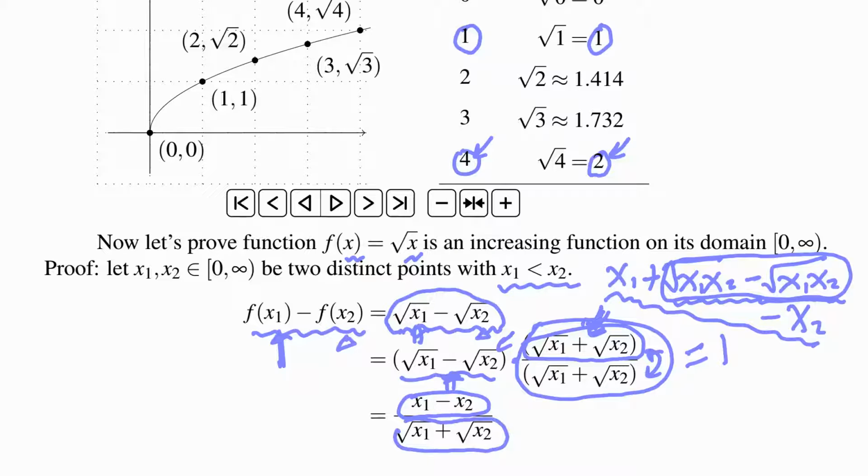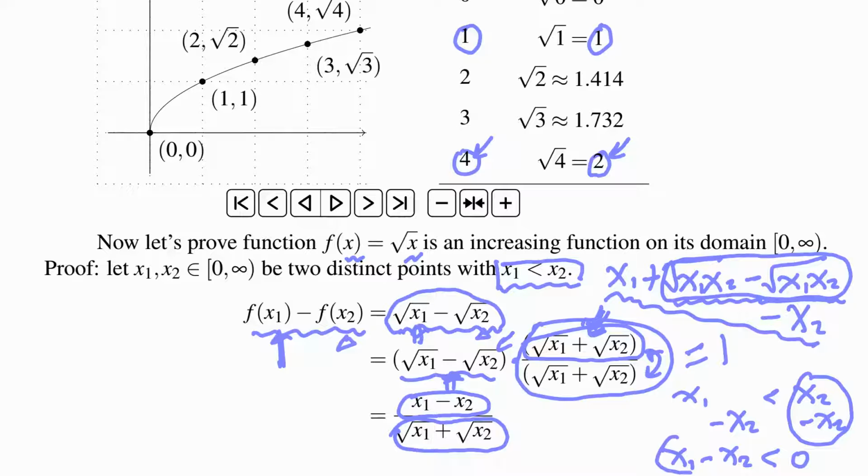Then you assumed x1 is less than x2. So subtracting x2 from both sides, the right side cancels to 0, but the left-hand side is x1 minus x2. This tells us this is a negative number, so the numerator is negative.